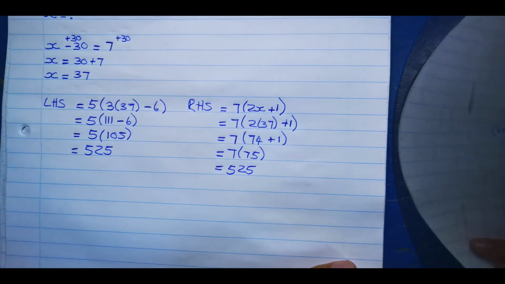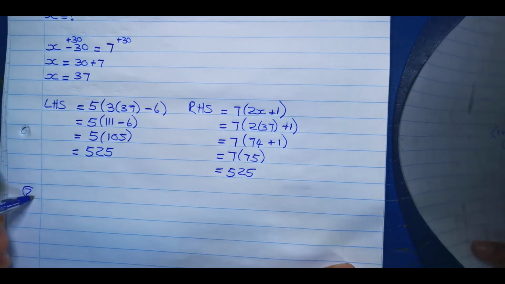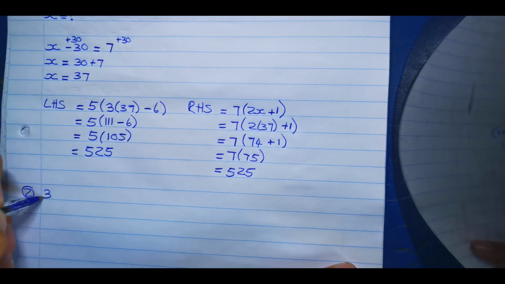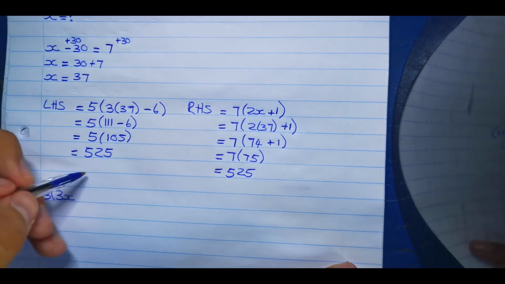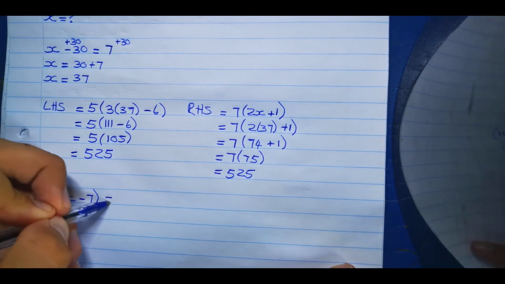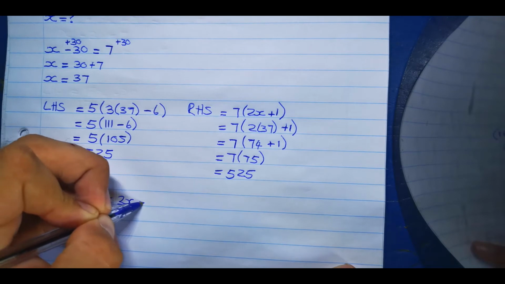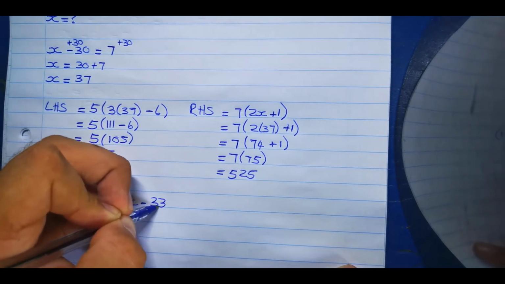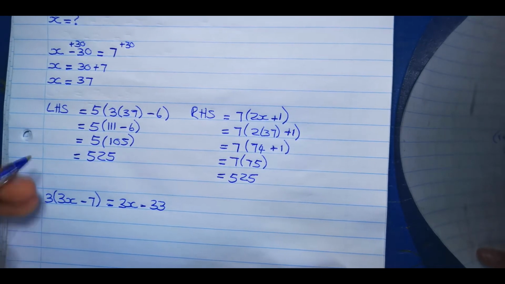So we're going to start with the second equation again. The second equation is 3 times (3x minus 7) is equal to 3x minus 33. So we're going to do the same here. We're going to take the 3 inside the brackets.